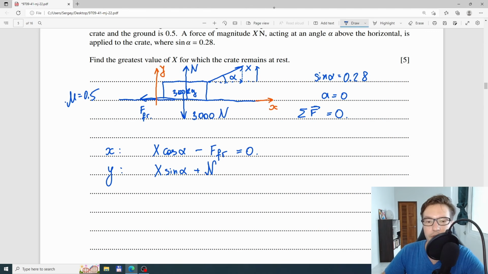And we also have the weight of the crate, which is pointing downwards, opposite of y-axis, so I will have to subtract it. Minus 3000. Okay, and all the forces on the y-axis are also balanced, so that means the sum equals to 0. Apart from that, we know the connection between the force of friction and the normal reaction. Force of friction equals to the coefficient of friction, mu, times N. And these are our simultaneous equations that we have to solve.